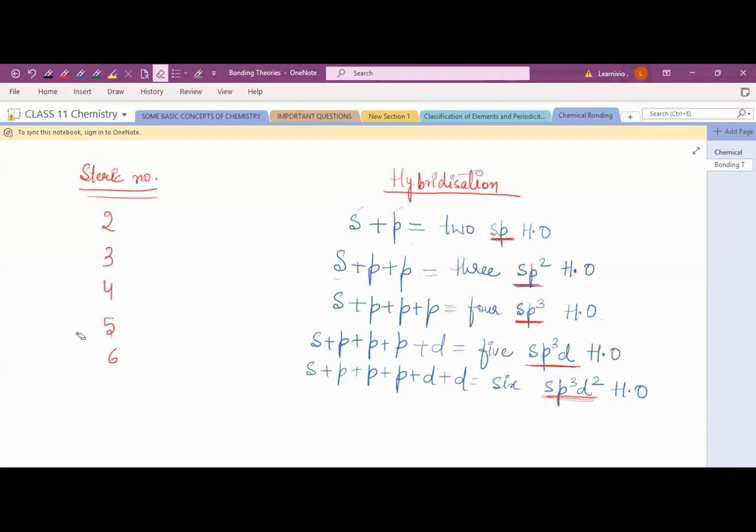Steric number 1 means hybridization does not exist there. They don't intermix with other orbitals to create a hybrid orbital. So steric number 1 does exist, but we will not talk about the hybridization state or hybrid orbitals. They don't create hybrid orbitals, so we will not discuss that.